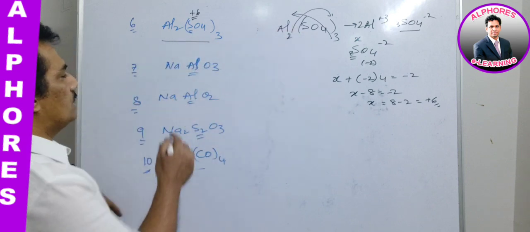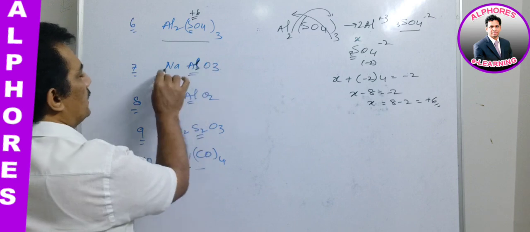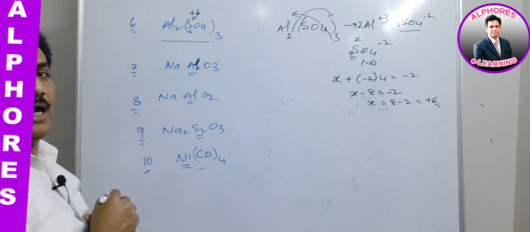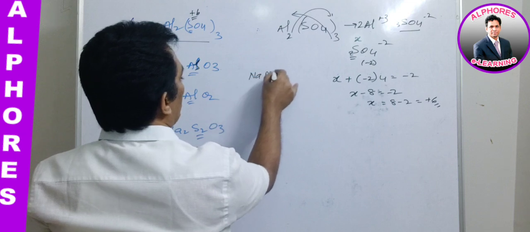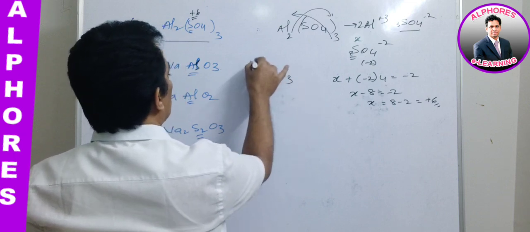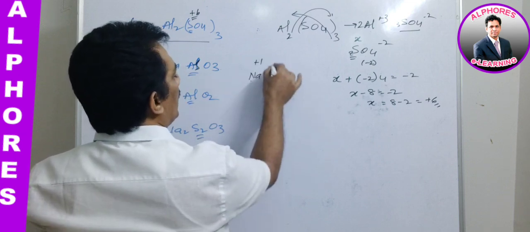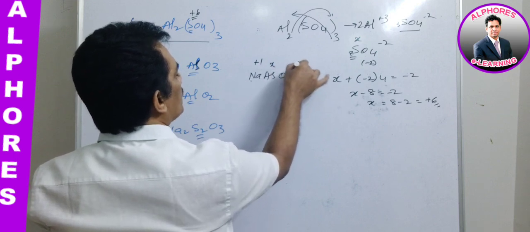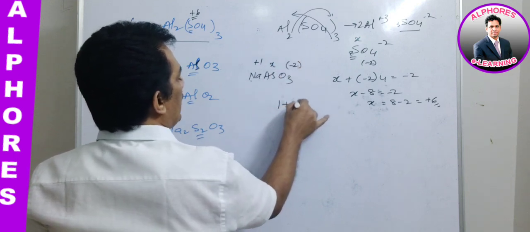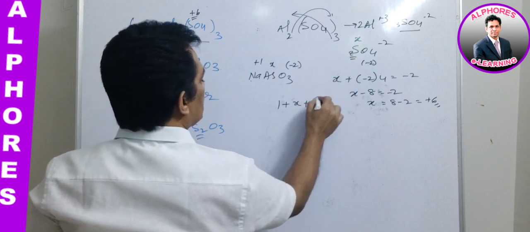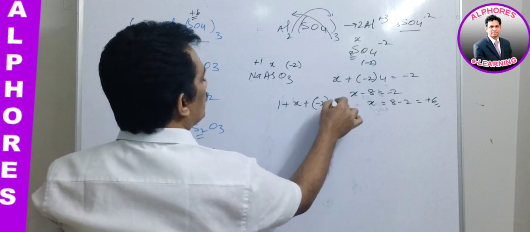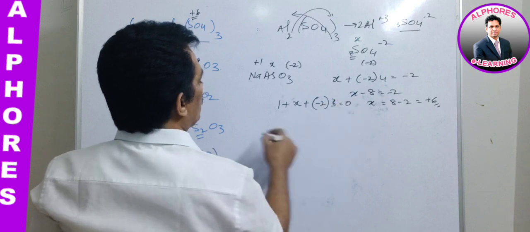Now coming to NaAsO3, arsenate. As we know, it is +1, X and -2. So 1 plus X plus (-2 into 3) is equal to 0.